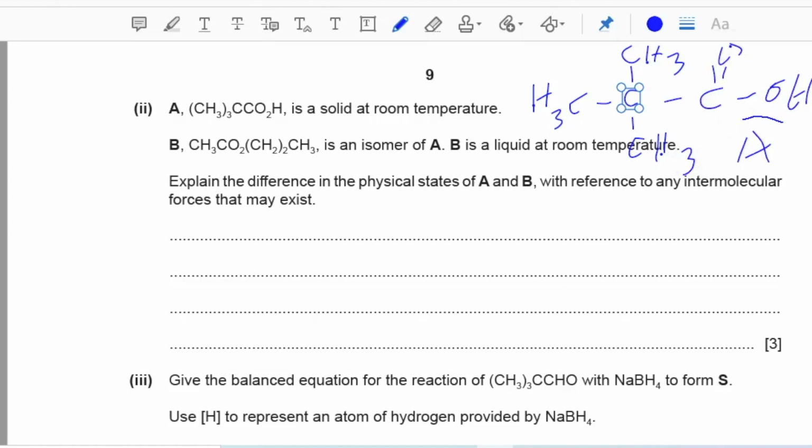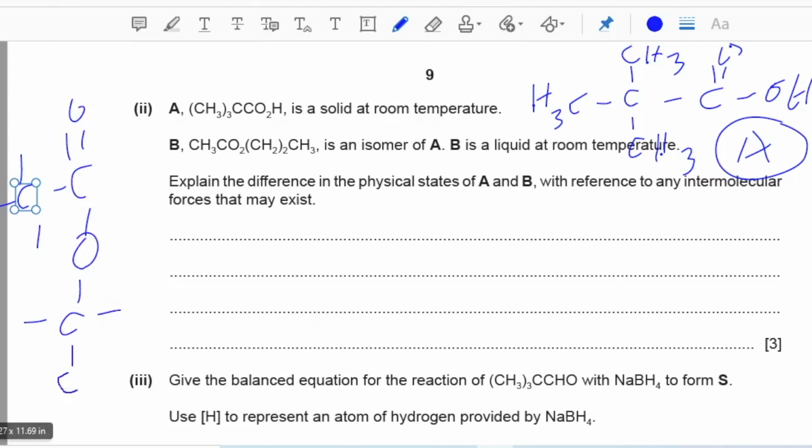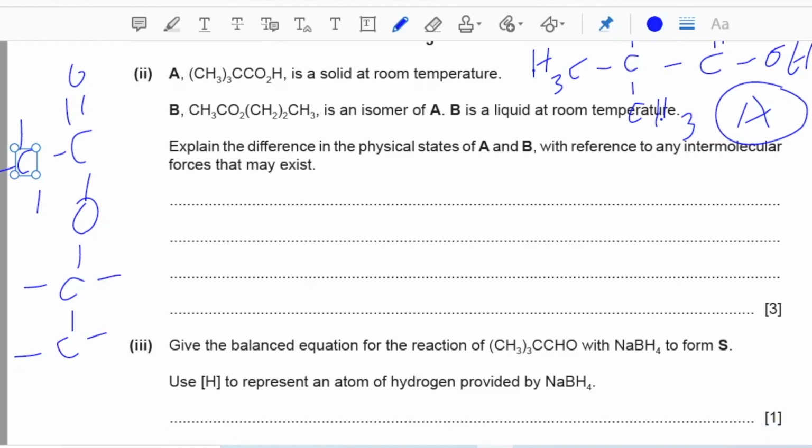This is A. B is an ester. It's got a methyl group and then an ester linkage. This is joined to 2 carbon atoms with each 2 hydrogen atoms. And finally, 1 more methyl group.